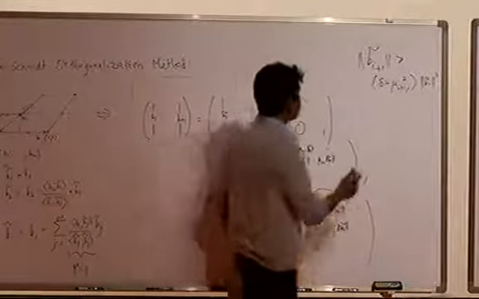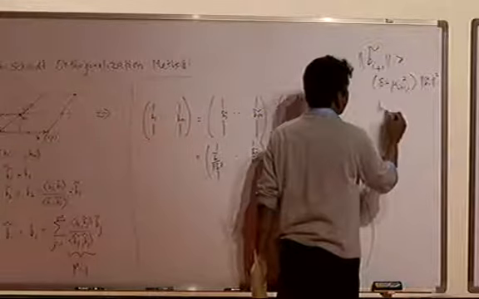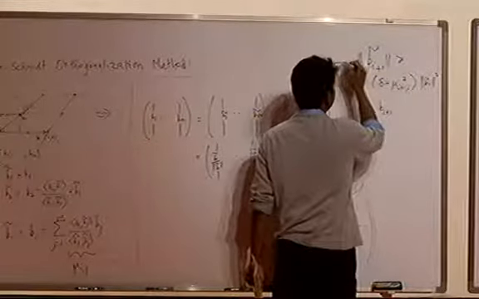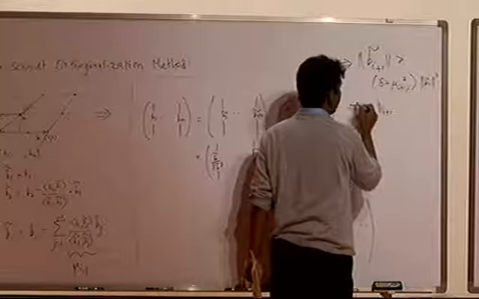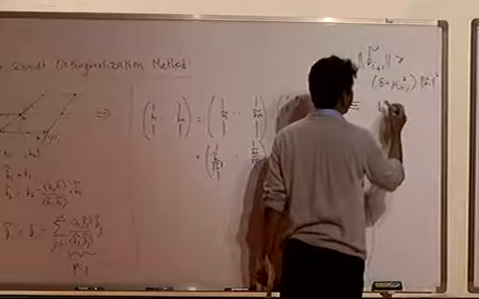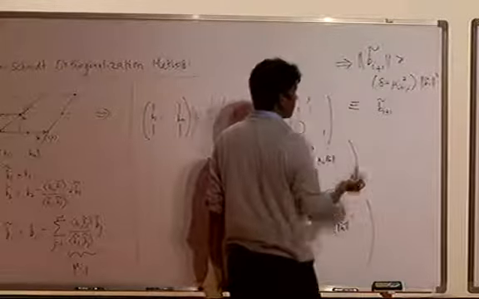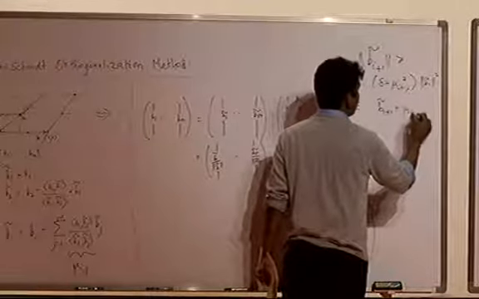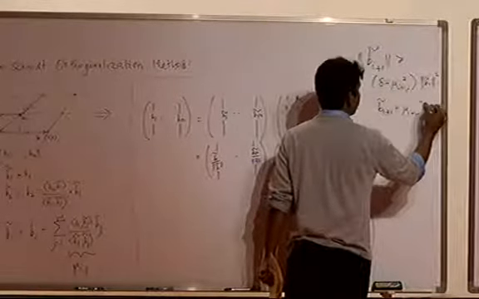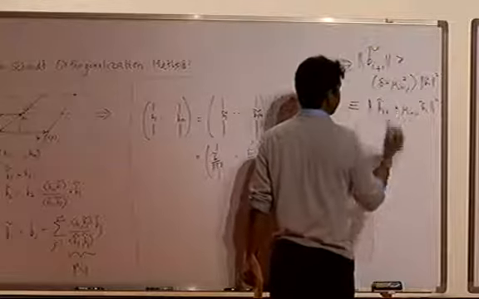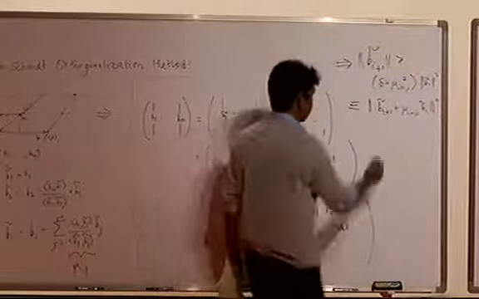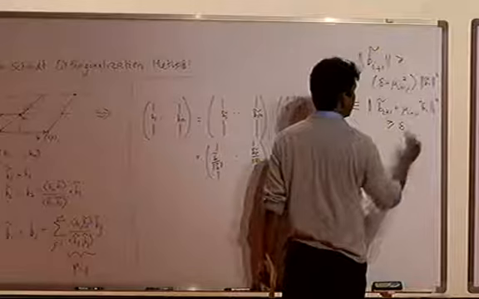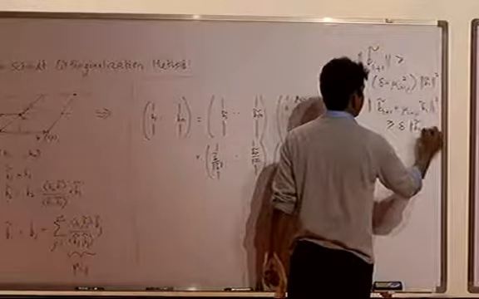Let's rewrite it as: this is equivalent to saying that the norm squared of b_{i+1} tilde plus mu_{i+1,i} b_i tilde is at least delta times b_i tilde squared.